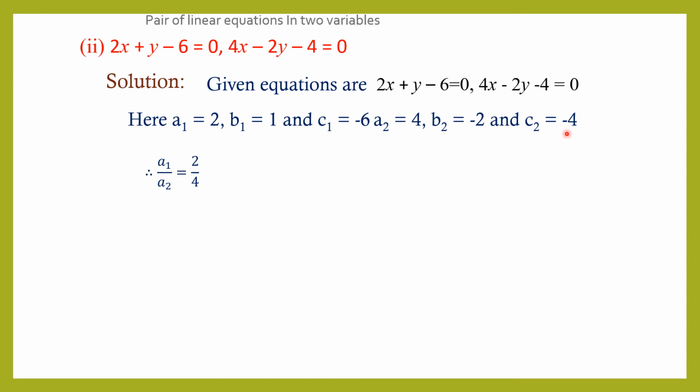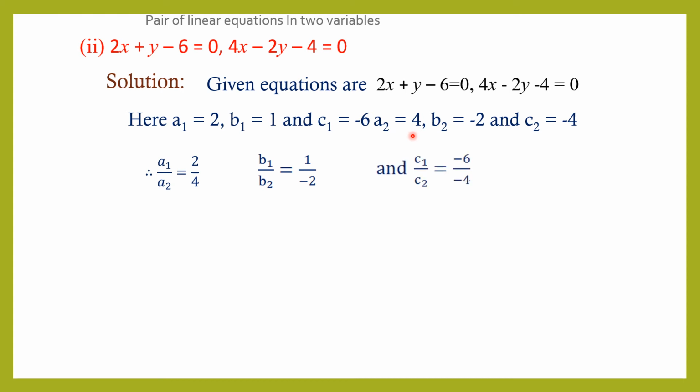Write the conditions. Therefore a1 by a2: a1 means 2, a2 means 4, so 2 by 4.